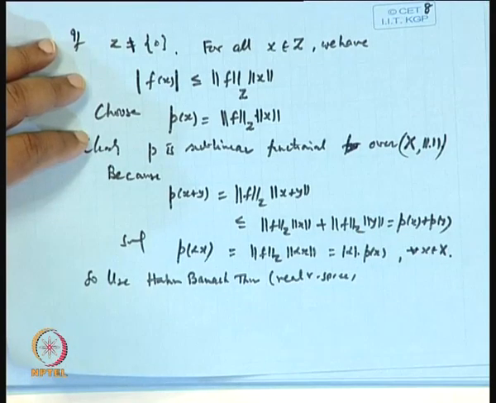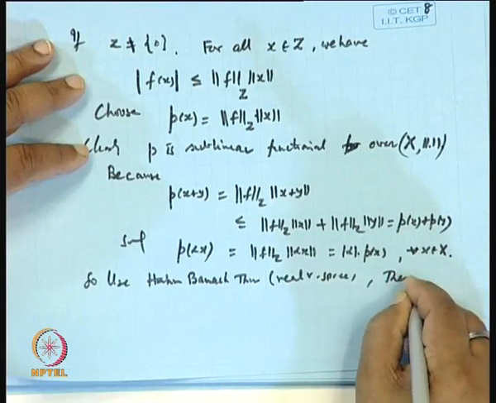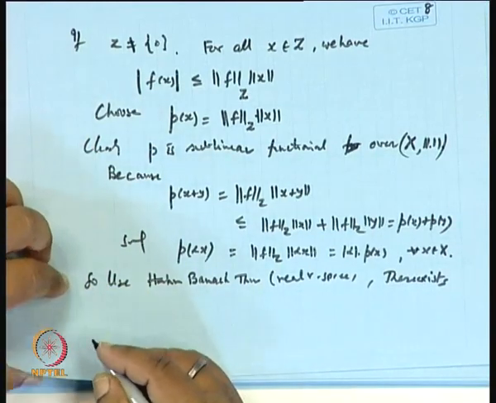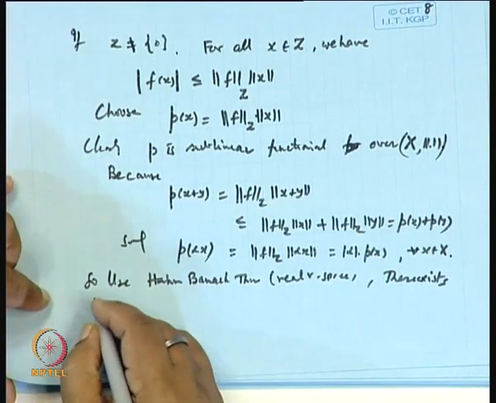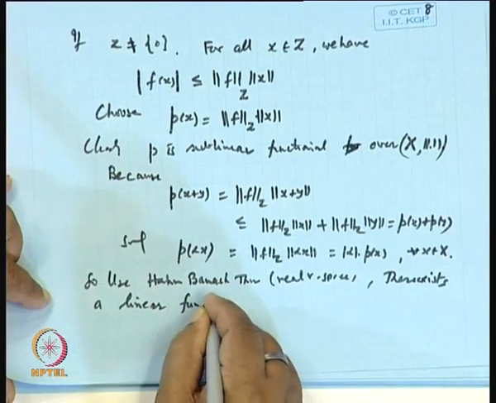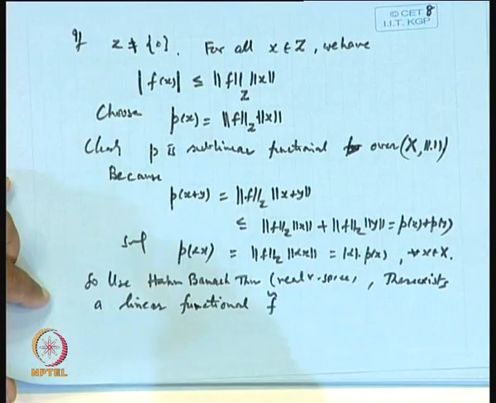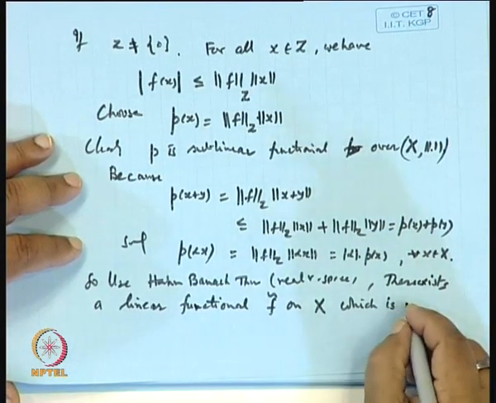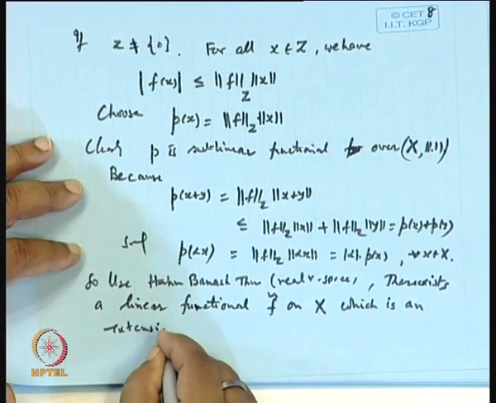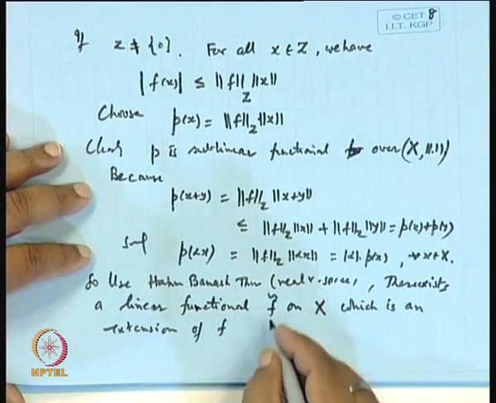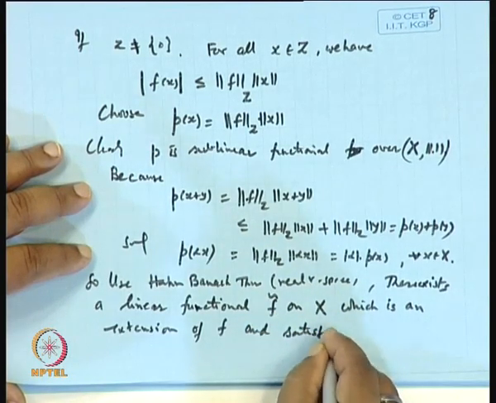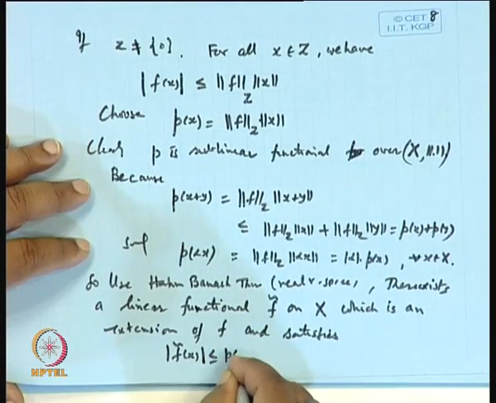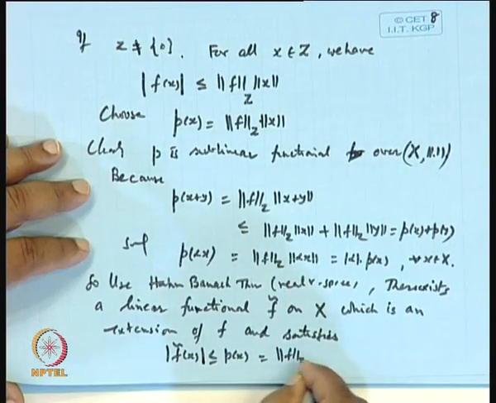So, we conclude that there exists a linear functional f delta on X, which is an extension of f and satisfies the condition mod of f delta x is less than or equal to p x, which is equal to norm of f Z into norm of x.